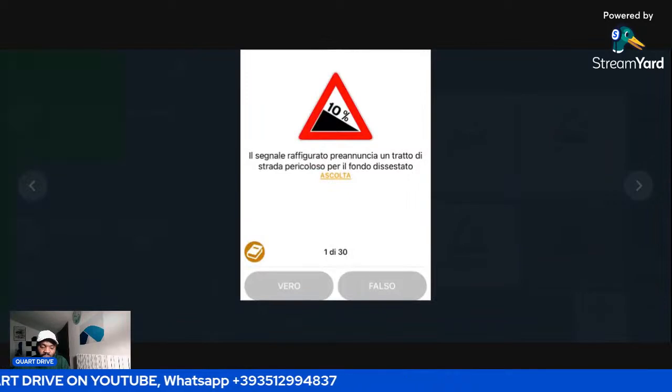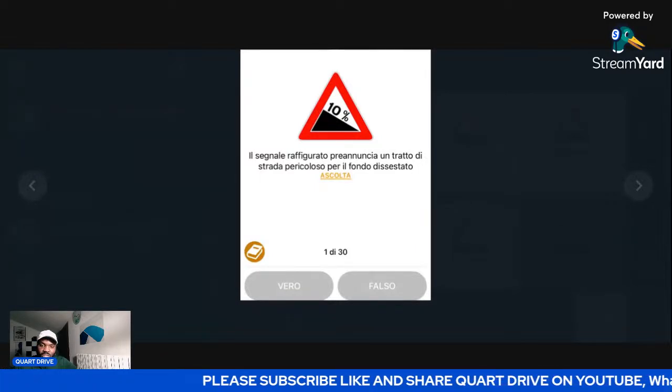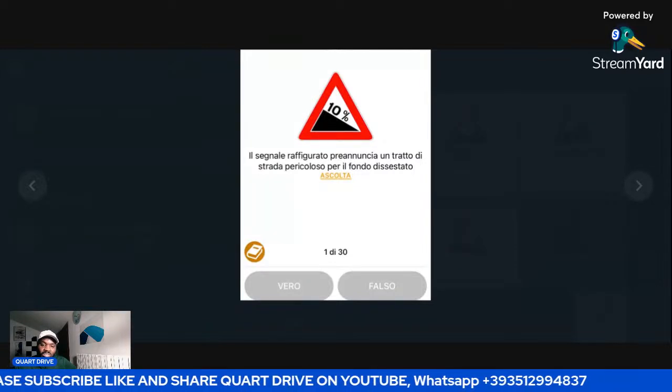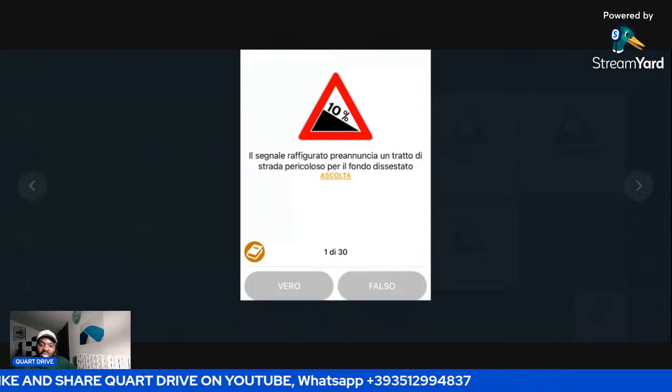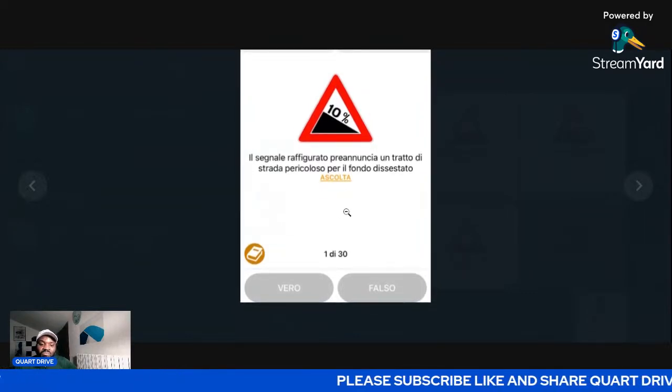This one is what? Discesa. Like this one is when you are getting down from the hill. So this one is also a segnale di pericolo, but it is not dissestato. Like it is not a disaster. Like the road is somehow no. It is what? A sloping road that you have to be very attentive when you are using.